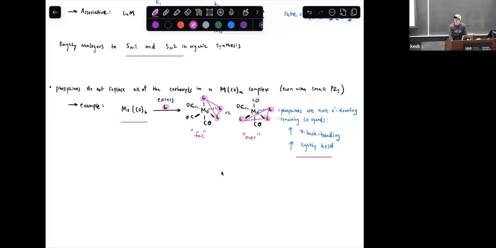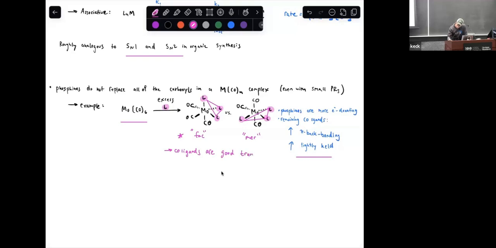Amy, you're whispering. Amy votes for FAC, and why do you make that vote? It's because CO ligands are good, I can't remember what it's called, but they force ligand exchange opposite to where they are, something influencing ligands.